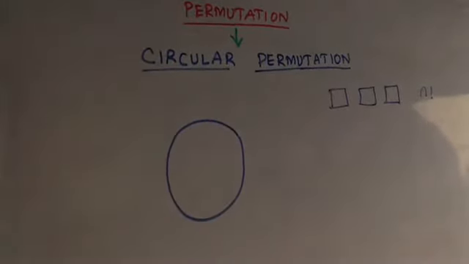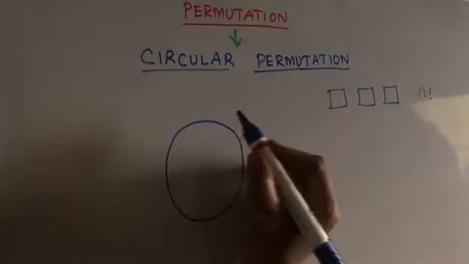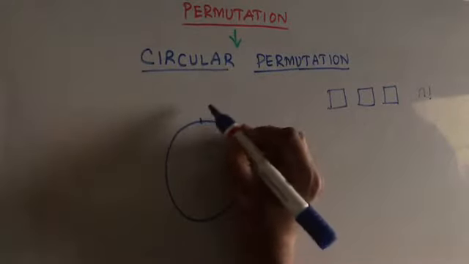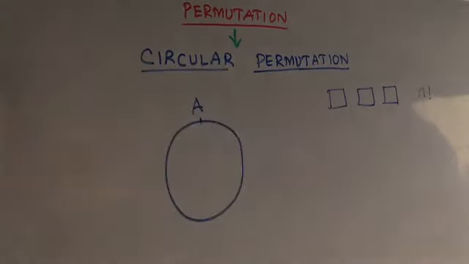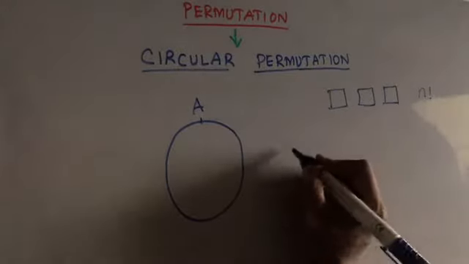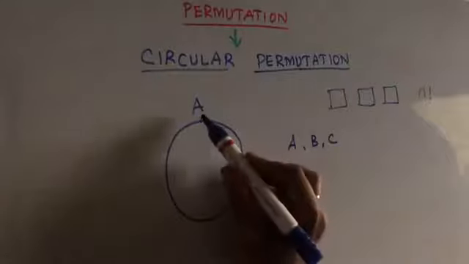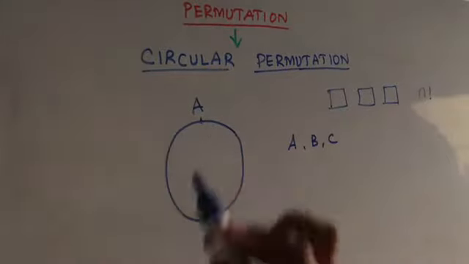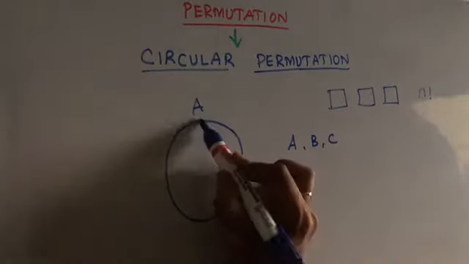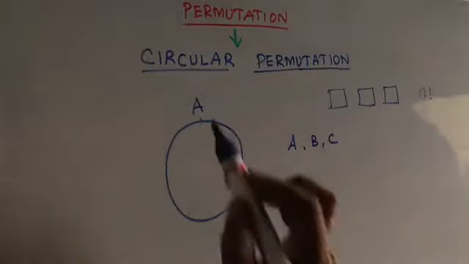We cannot say that. So to fix that, first I will arrange a point A. So I have to arrange 3 persons A, B and C. The first point I arrange to start; I fix one point. So it is fixed.